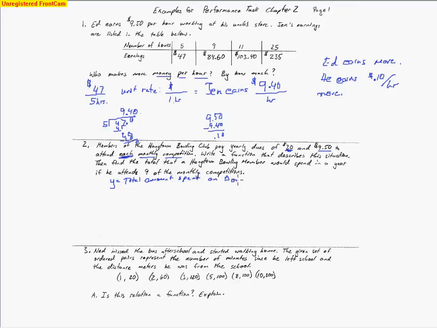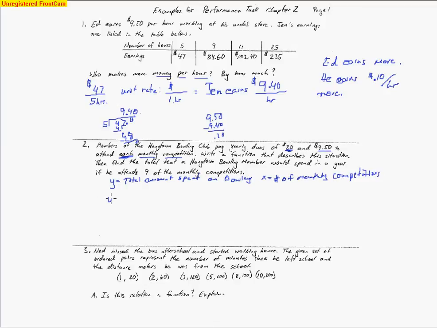And then we've got our x value. X value is time. Now I know it's time, and it's actually time in months, because the variable term with that keyword each tells us each monthly competition. So x is going to be the number of monthly competitions. So now I've got my variables defined. I'll go ahead and write my equation.